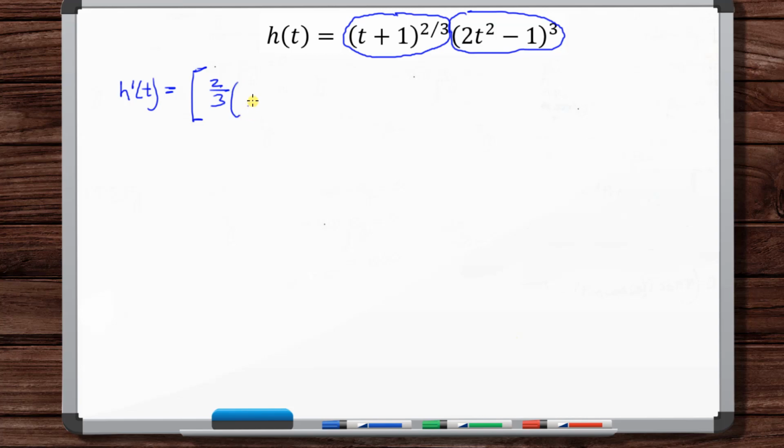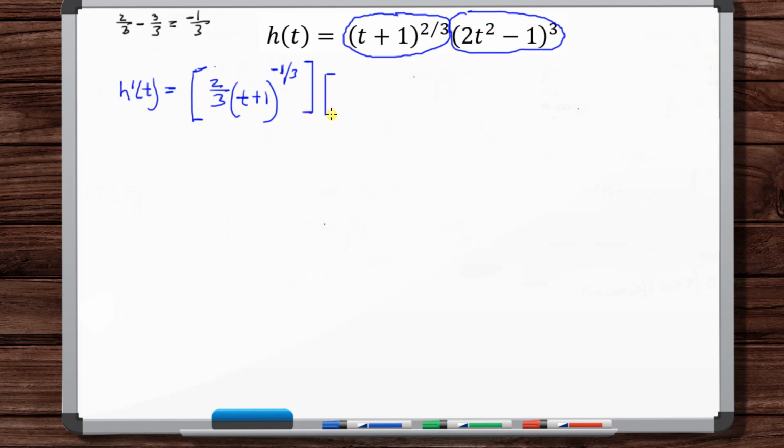So 2/3 times that something, okay, and then to the 2/3 minus 1. 2/3 minus 3 over 3 is minus 1/3. Okay, and now times the derivative of that something, but the derivative of t plus 1 with respect to t is just 1. So that's the derivative of the first.